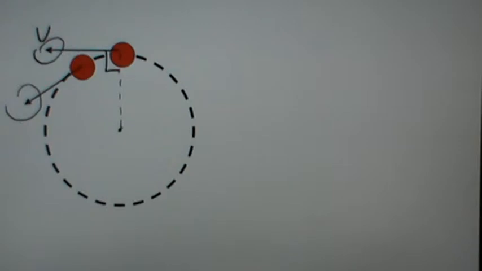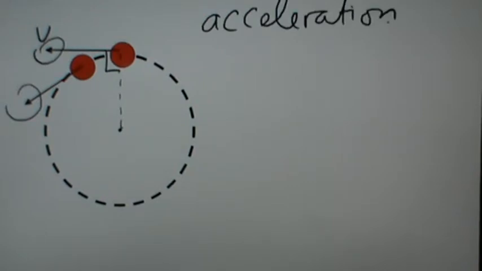The changing velocity is related to the acceleration. So there is an acceleration in the uniform circular motion, and this acceleration is due to the changing direction of the velocity.